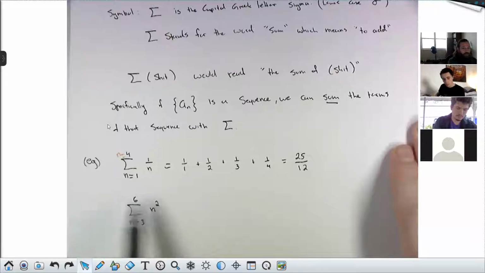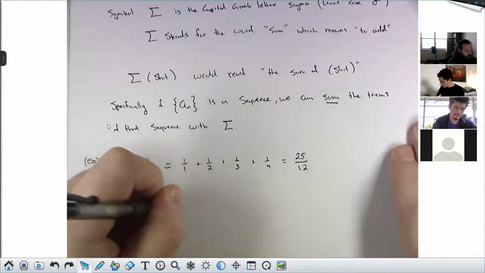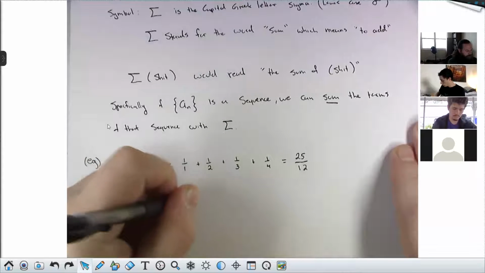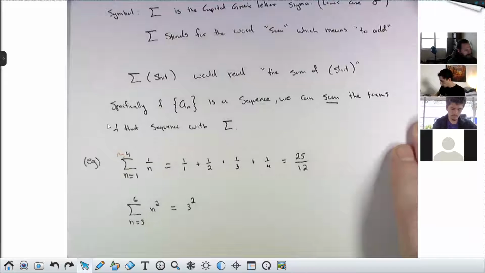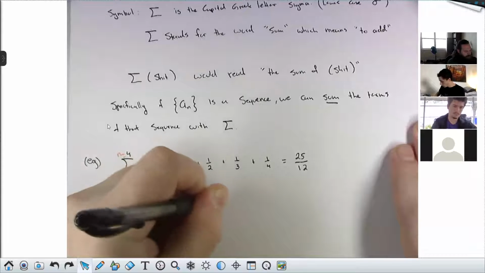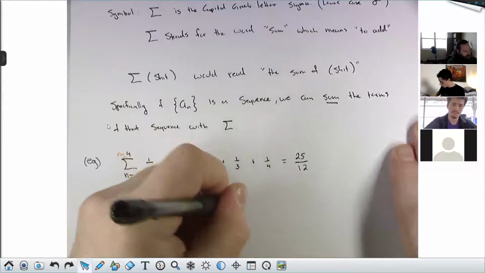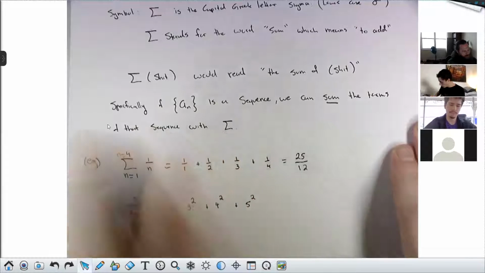To figure out what number this is, I write it out in this long form. We're starting at 3. So the first term here is 3 squared. Then the next term is 4 squared. Then the next term is 5 squared.